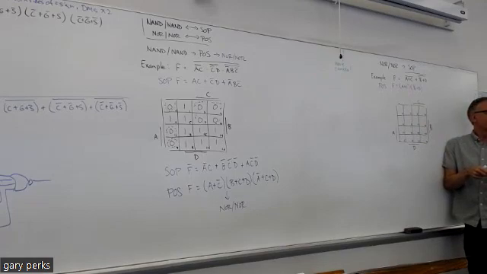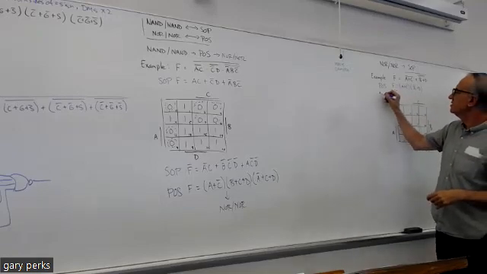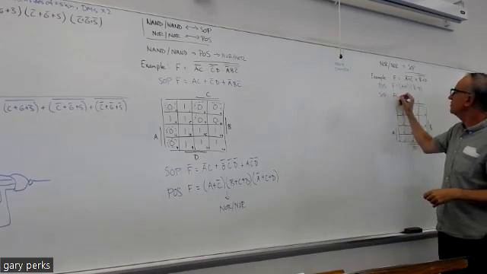Don't you agree? And anytime you go POS to SOP or SOP to POS, what always happens? Everything flips, ANDs to ORs and ORs to ANDs. So when I make this SOP, it's going to be SOP for not F.